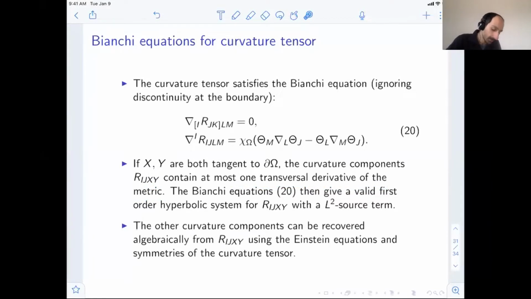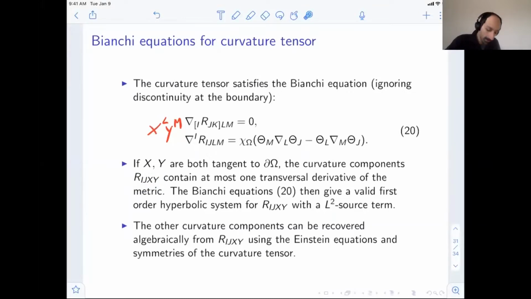So if I were to contract these two equations with, say, X, Y, N, then after I commute, I could view these as a first order hyperbolic system with source which is L2. So this is still a weak equation, but it has a nice L2 right hand side. So then I could prove estimates for at least the L2 norm of the following components of the curvature tensor, where the last two components are tangential.